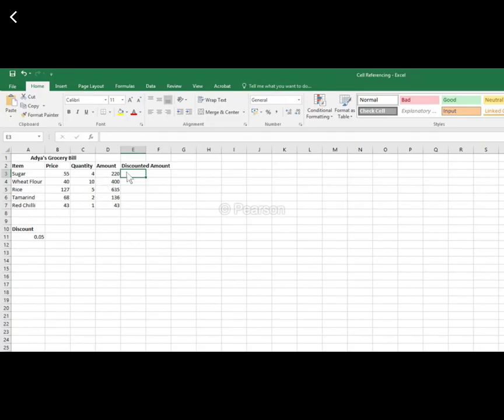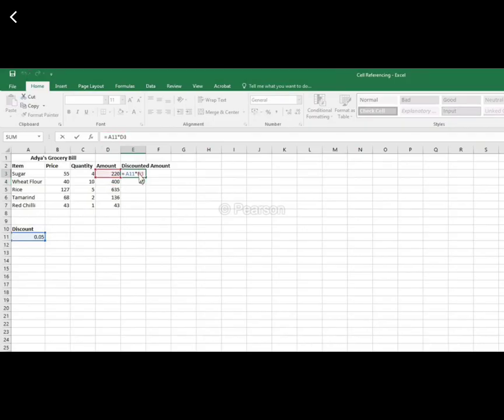Here, for cell E3, the formula would be A11 multiplied by D3. When this is copied to E4, it will become A12 multiplied by D4. But for E4, it should be A11 multiplied by D4.